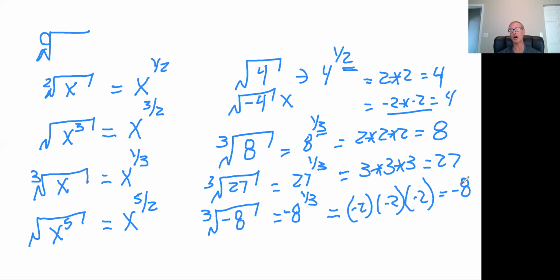But when you have an odd number for a root, like a third or a fifth or a seventh, etc., then both positive and negative numbers work. So hopefully that gives you a little bit of background of what we're going to talk about.